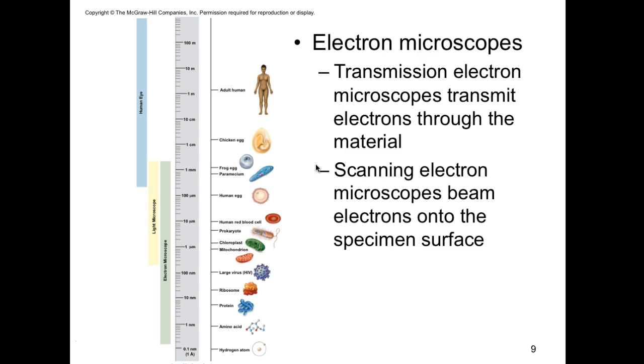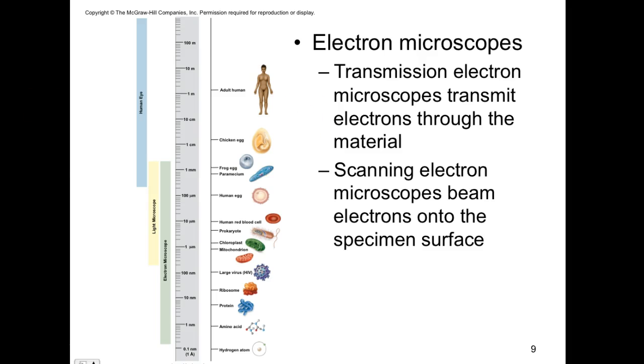The 2 basic types are the scanning electron microscope and the transmission electron microscope. Transmission electron microscopes transmit electrons through the material to give you an internal image. And the scanning electron microscope beams electrons onto the surface of the specimen, giving you a surface image.